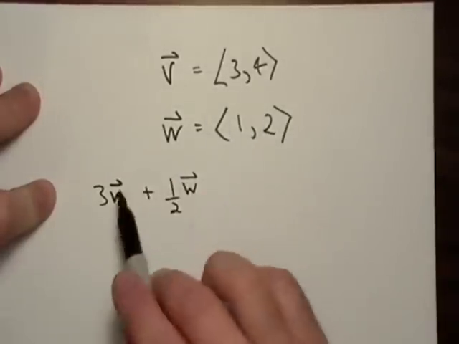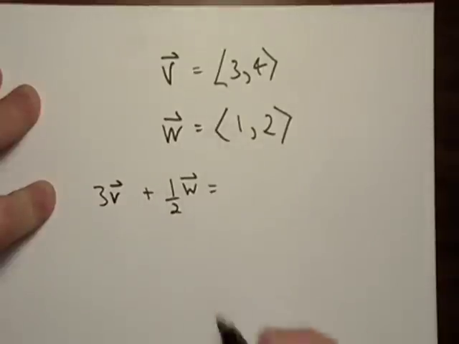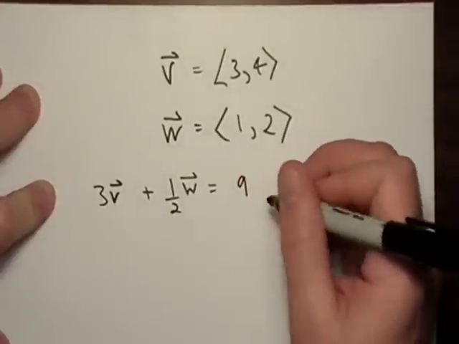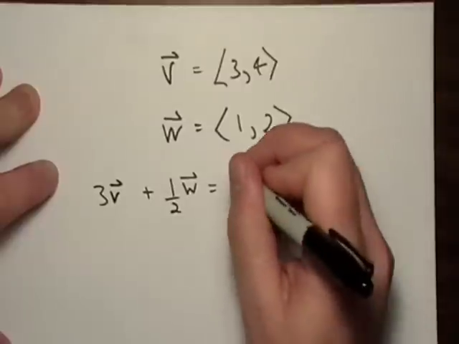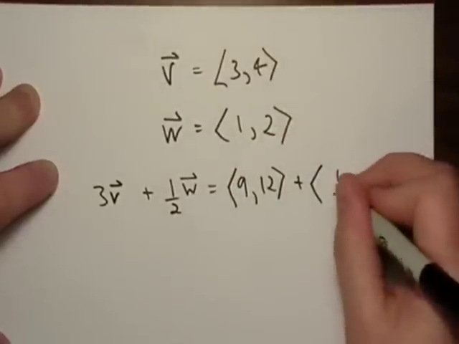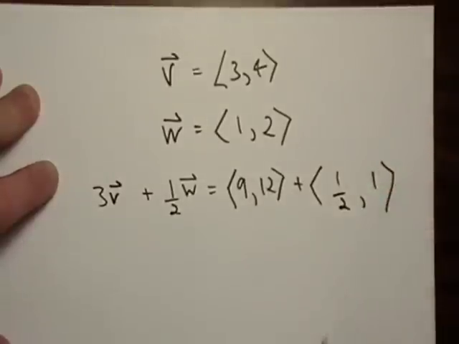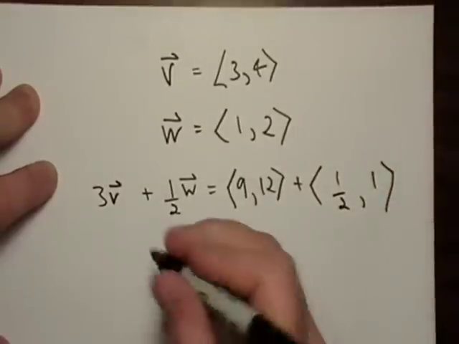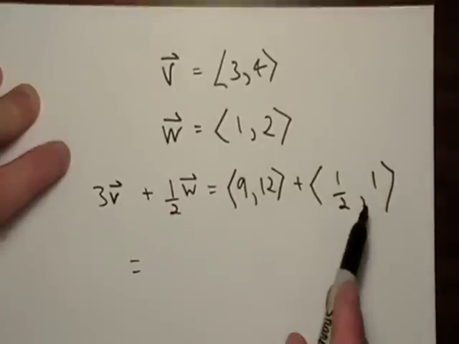First thing I'd want to do is find 3v. So 3v is going to be 9, 12, plus 1/2 w, so that's going to be 1/2, 1. Then we go, what's 9 plus 1/2?